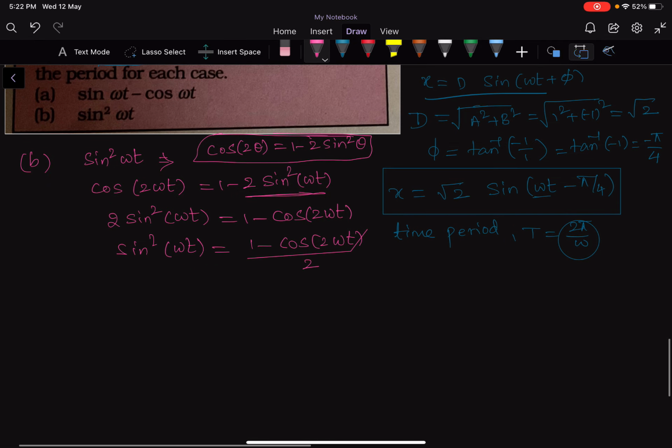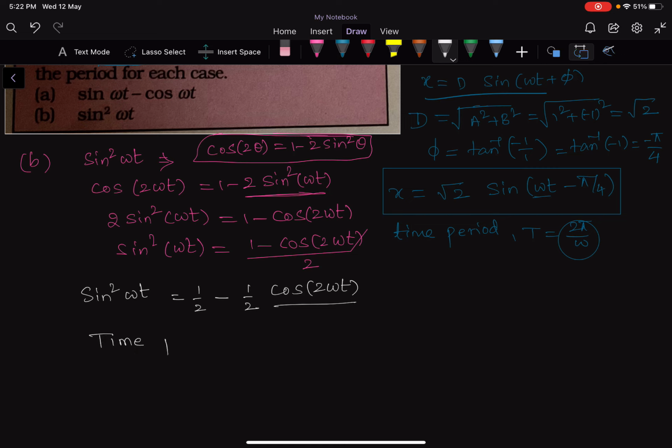That is, sin square omega t is equal to 1 by 2 minus 1 by 2 of cos 2 omega t. It is also a simple harmonic, periodic motion, with time period T equal to 2 pi by 2 omega.